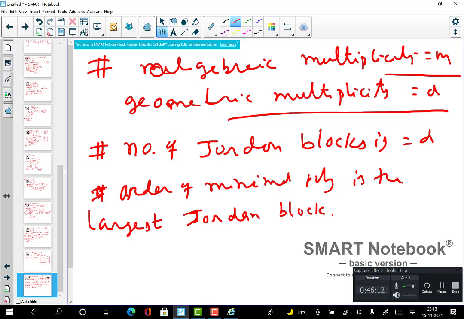In general, if the matrix is diagonalizable, then the minimal polynomial has all linear factors, and hence every Jordan block is 1 by 1, and that is also the proof. So both of those are okay.